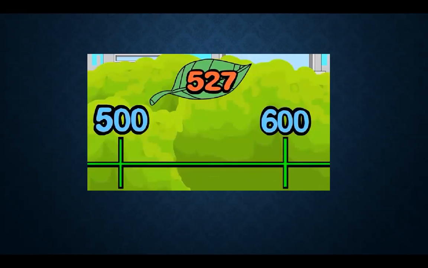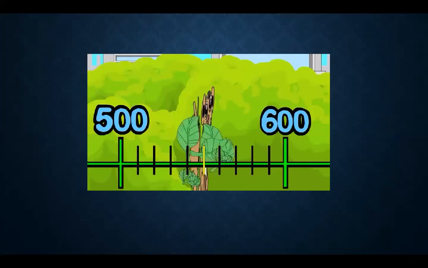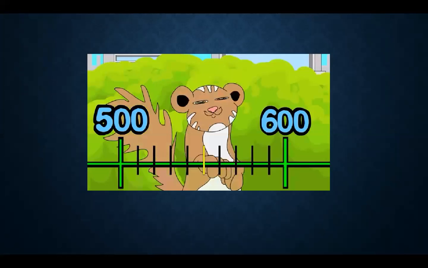Now you can set up a number line and mark your benchmarks. Step 2. Find the midpoint between 500 and 600. That's the number that is exactly in the middle. The midpoint is 550.